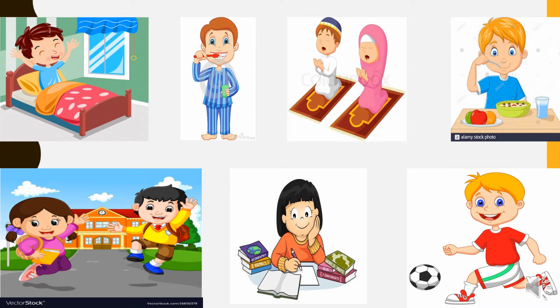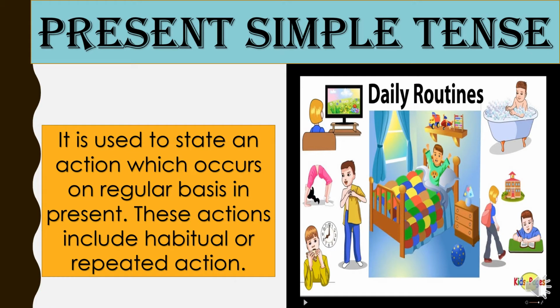So students, do you know what tense I used to make these sentences? Yes, this is present simple tense. Present simple tense is used to state an action which occurs on a regular basis in present time. These actions include habitual or repeated actions. Right, my dear students?